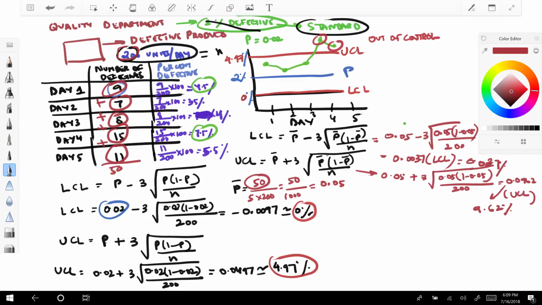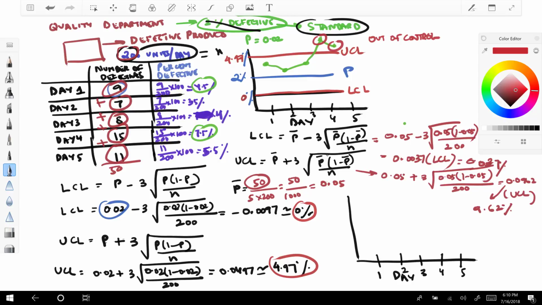Okay, so once we have that, we can draw again our graph. So this is days. So this is day 1, day 2, day 3, day 4, day 5, and then we have our control limits.